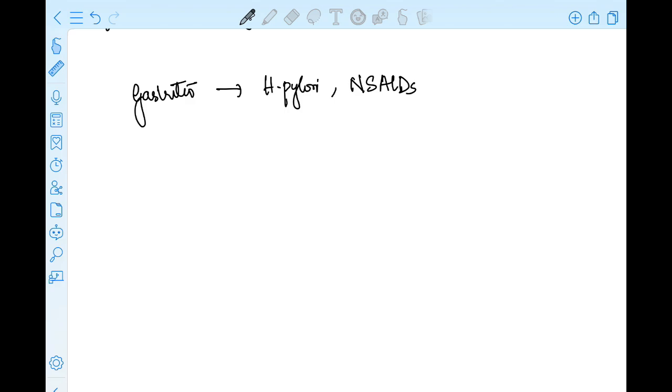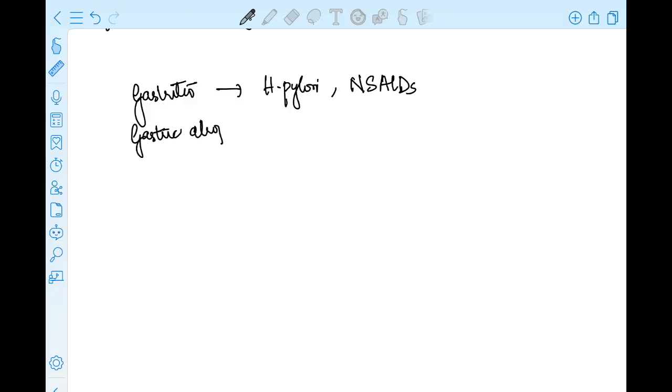Drugs means some tablets that we take, anti-inflammatory tablets. Okay, non-steroidal anti-inflammatory drugs. So they can lead to gastritis. Then it can be due to some nasogastric trauma, autoimmune diseases, anorexia, indigestion. Okay, all this.